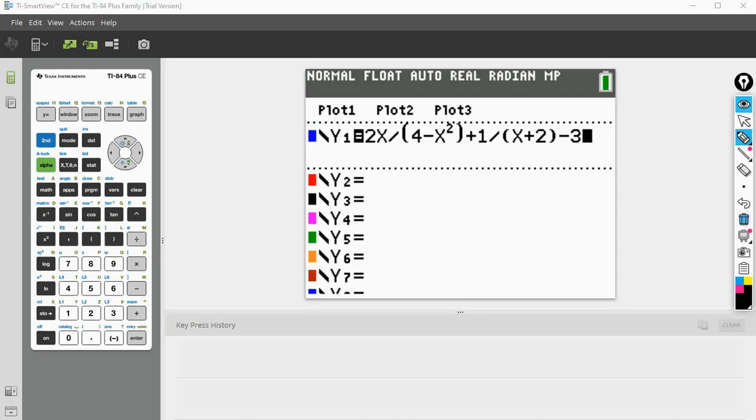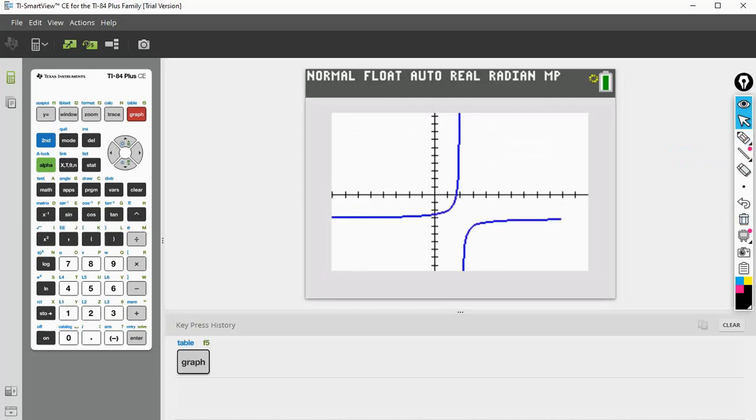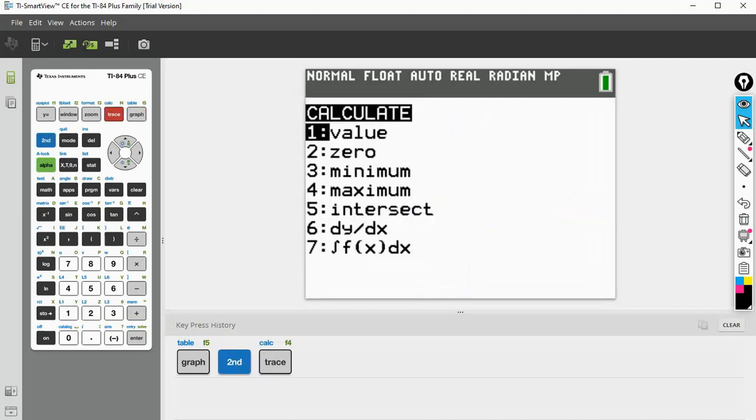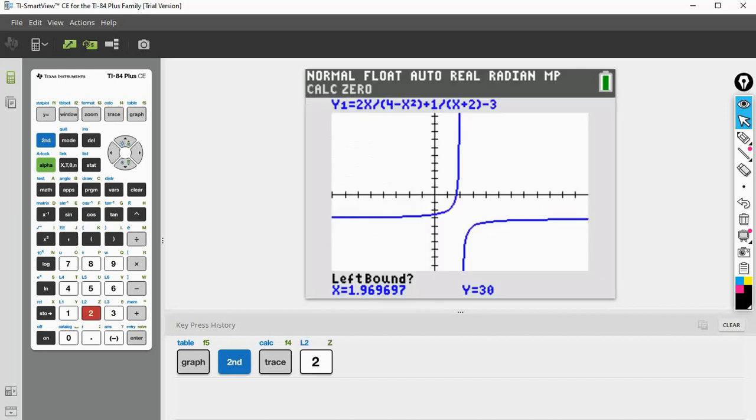For that, we simply go to graph, and there's the graph. This is the point where we need to find the intercept. Let's use the second key, calculate, and zero. It says left bound. Left bound means below what we believe to be the x-intercept, so go to the left, hit enter.